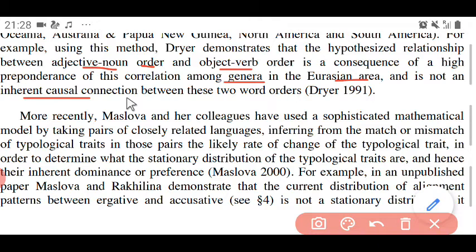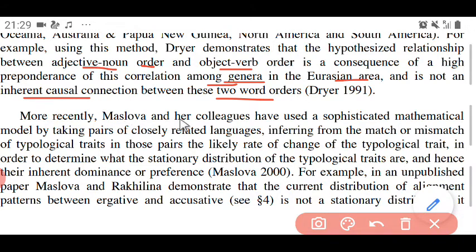Dreyer in 1991 explains that the adjective noun order and the object verb order is a consequence of a high preponderance of this correlation among genera in the Eurasian area. It's not merely an inherent causal connection.